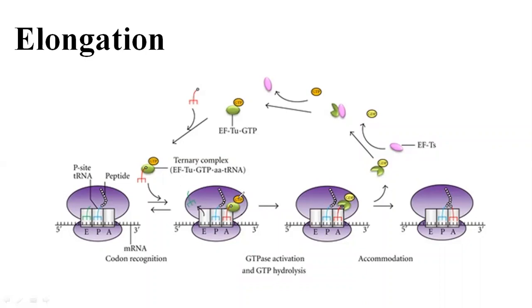And here GTP will be utilized, converted into GDP, and from the A site, this polypeptide chain is going to move on to the P site. So now this elongation factor, EF-Tu and EF-Ts, I hope the role of both is clear to you.